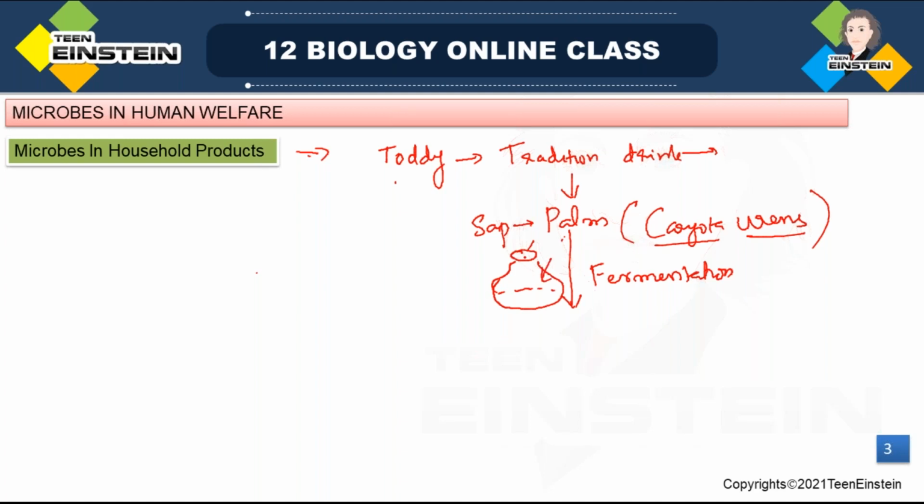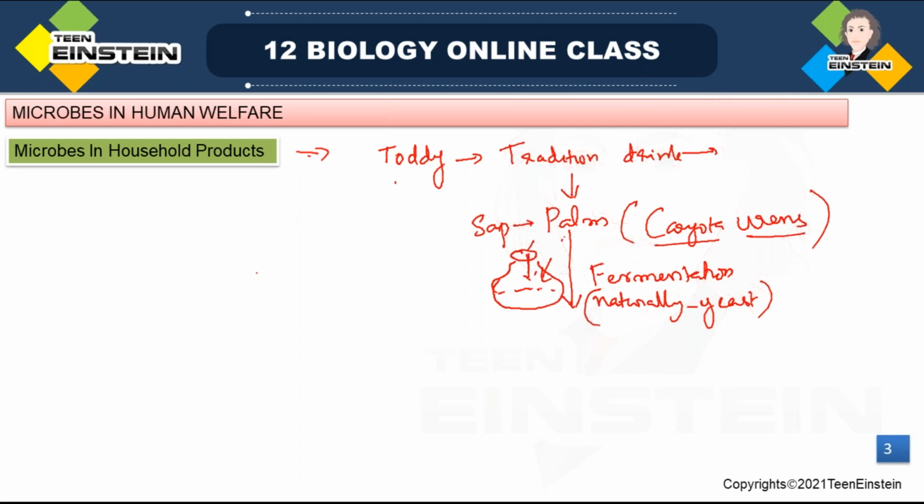So the next day it will be fermented with the help of which microorganism? Naturally occurring yeast. Again here yeast, but this is naturally occurring yeast. This collected sap will be fermented with the help of naturally occurring yeast.